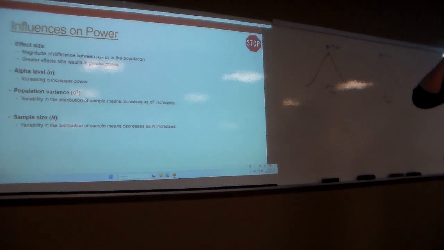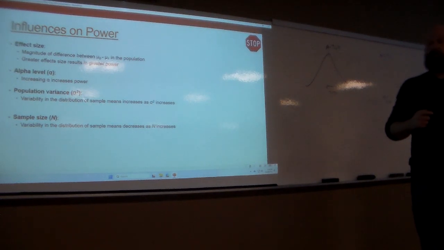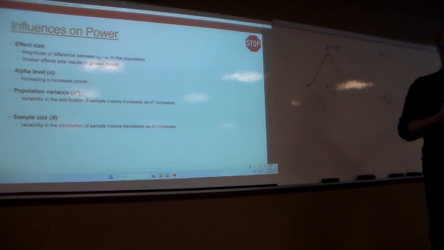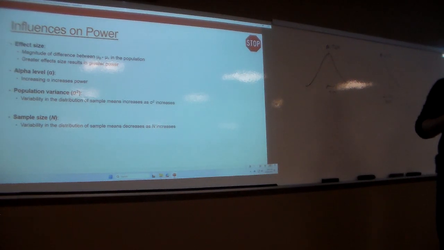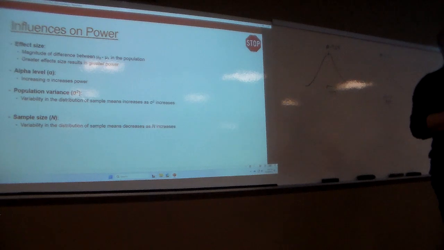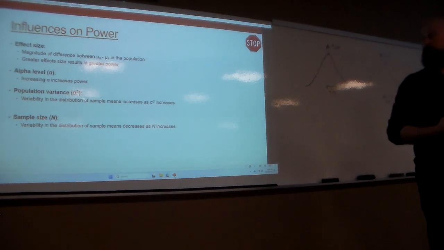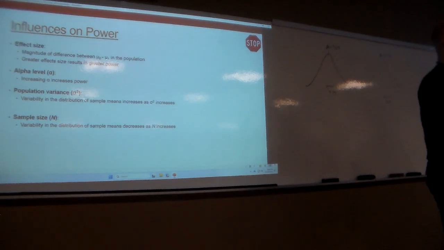All right, cool. So influences on power: my effect size, okay? My effect size is going to reflect the magnitude of the difference between my null value and my actual value out there in the population. If I have larger effect sizes, it's going to result in greater power.